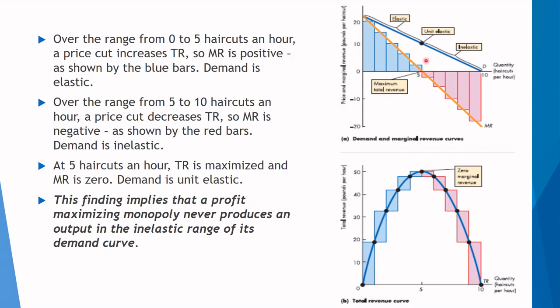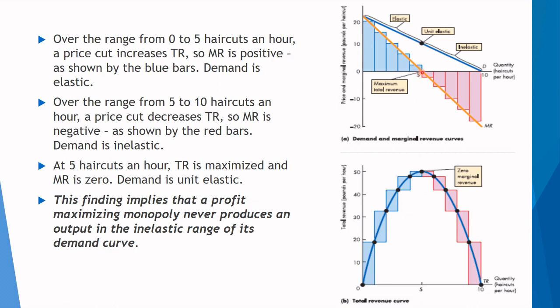When our demand is unit elastic at the output level 5, our total revenue is maximum. Total revenue is maximized over here, at output level 5. This happens when your marginal revenue is 0.